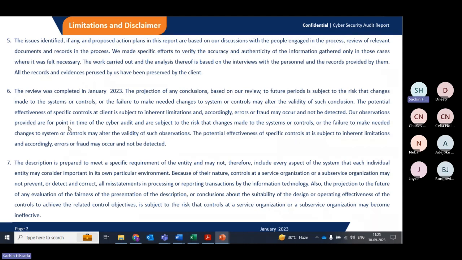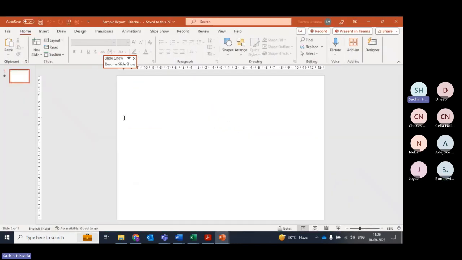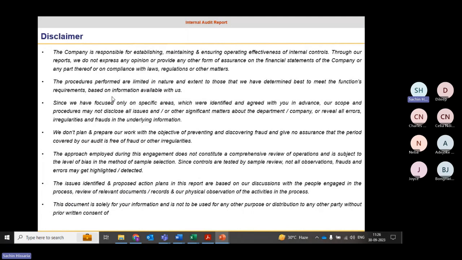Our observations provided are for a point in time of this cyber security review and are subject to the risk that changes made to the system or controls, or failure to make needed changes to the system or controls, may alter the validity of such observations. So basically here the auditor has highlighted that even when I have completed the audit, it doesn't mean that there are no risks. Similarly, I have a format of another disclaimer.